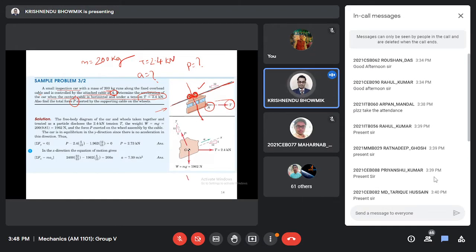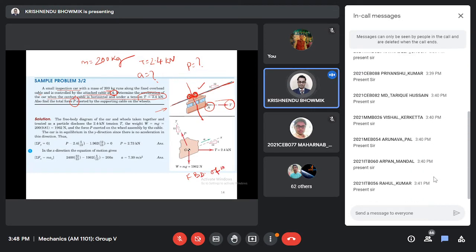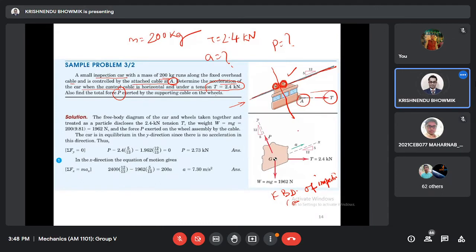Now draw the free body diagram of the inspection car. Let this be the x direction and this the y direction.